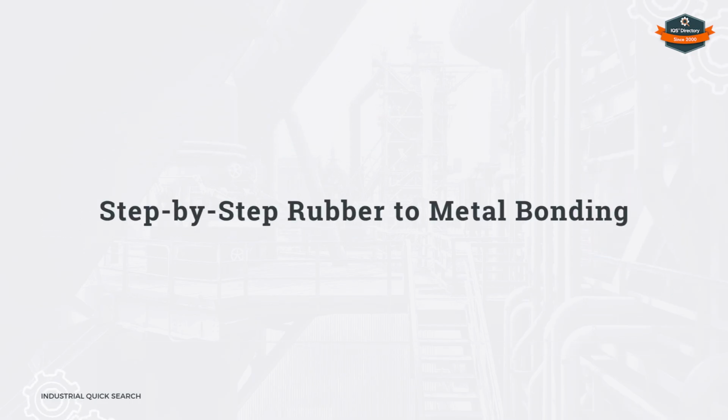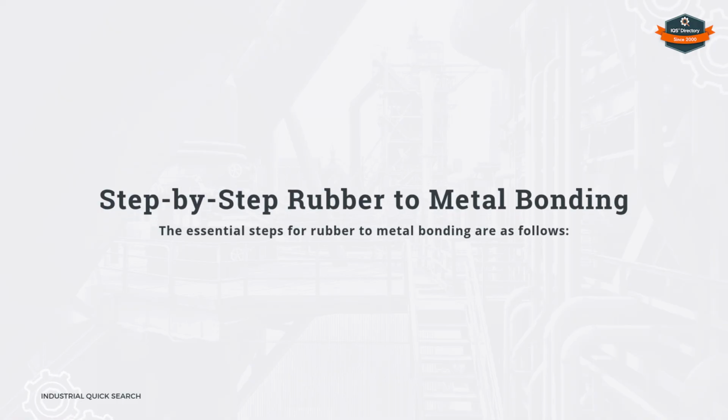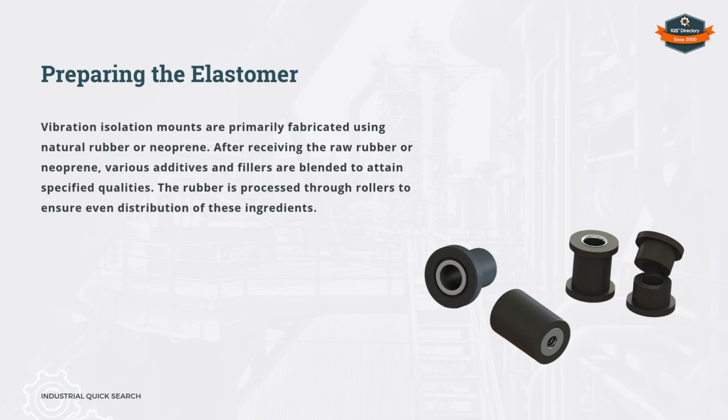Step-by-step rubber to metal bonding. The essential steps for rubber to metal bonding are as follows. Preparing the elastomer.